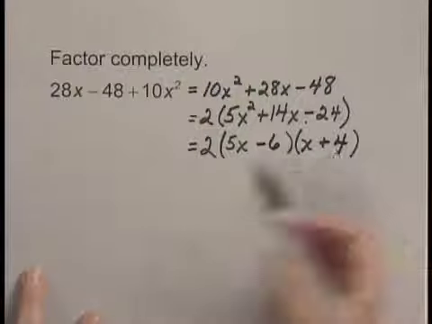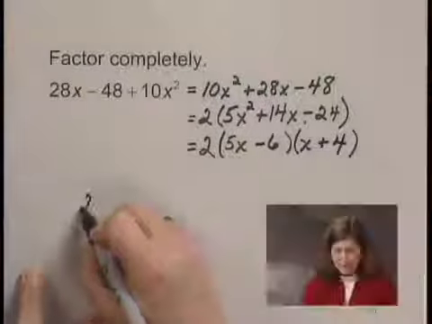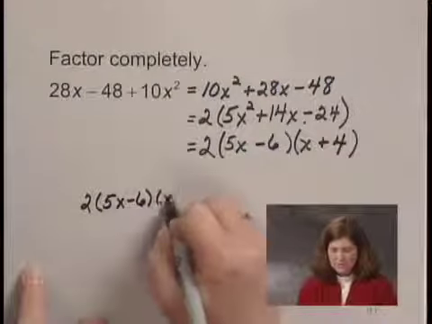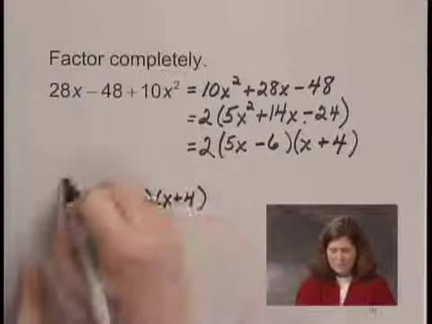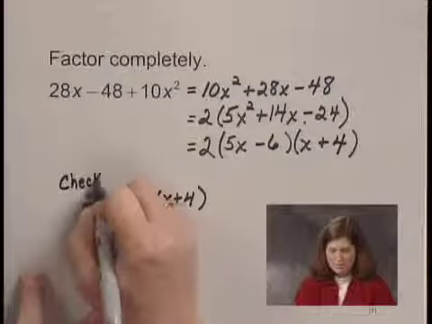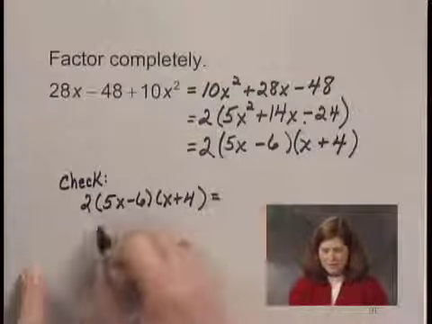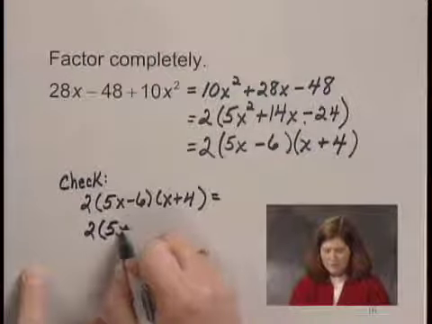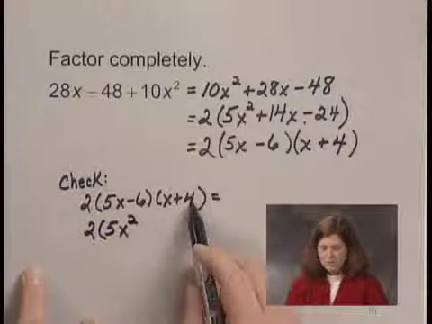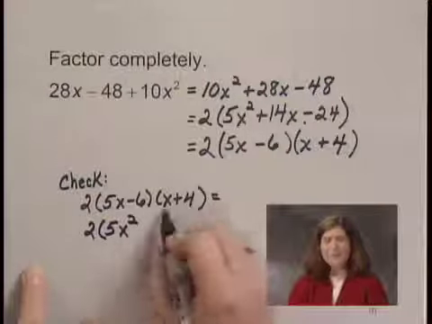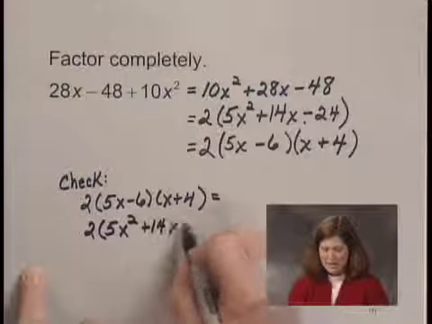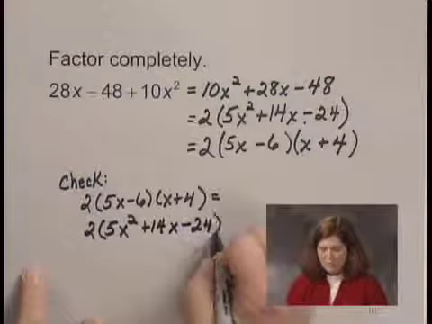To check this, I multiply the binomials and I get 2 times 5x squared plus 20x minus 6x, which gives me plus 14x minus 24.